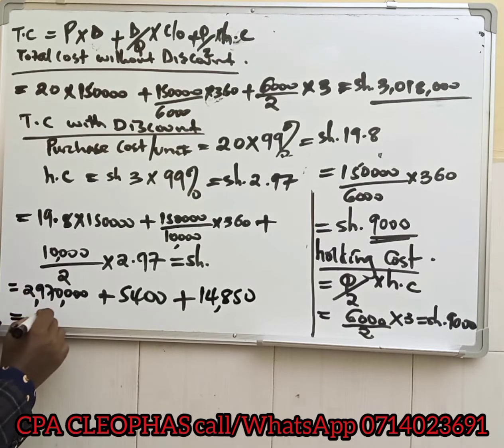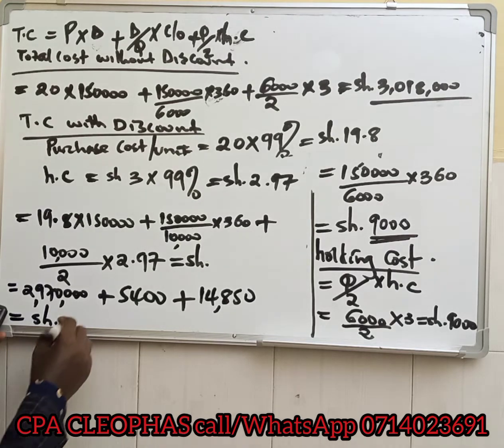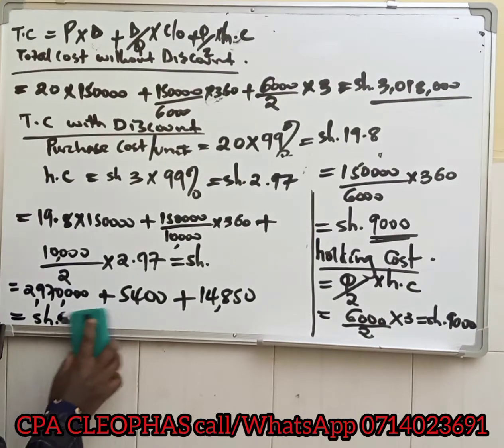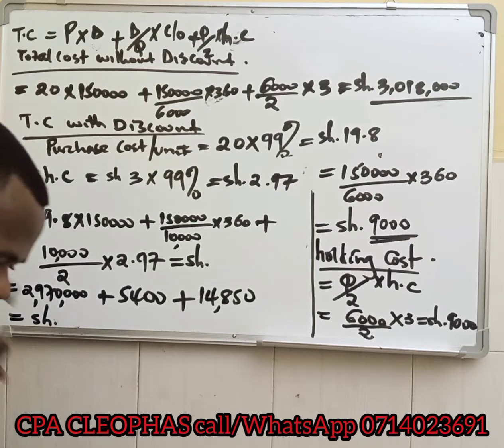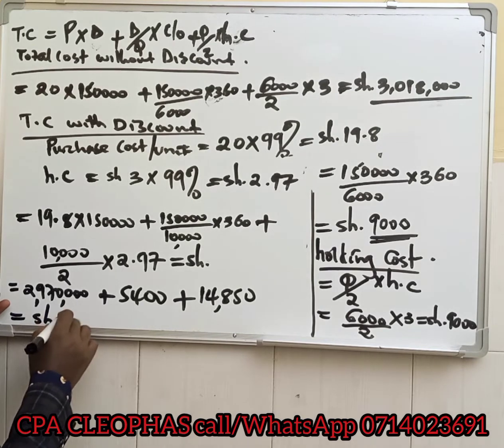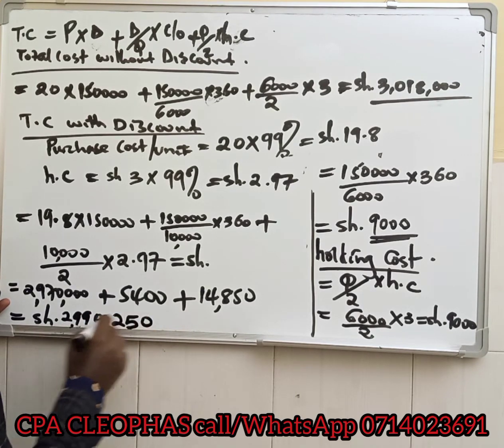So the total cost with the discount will be 2,970,000 plus 5,400 plus 14,850, which I'm getting as 2,990,250 shillings.